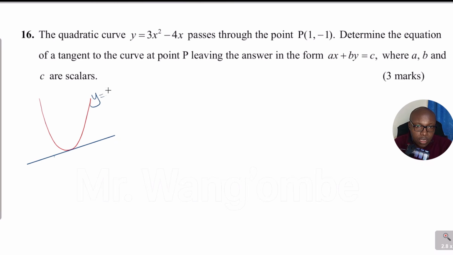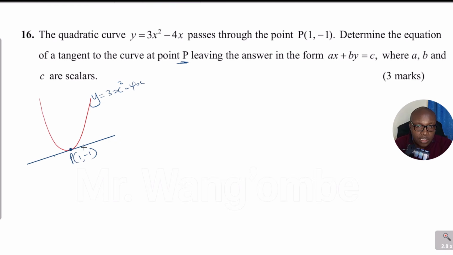So that is the curve 3x squared subtract 4x, just a sketch, and this tangent passes through the curve at this point P, which is (1, -1). So you're supposed to determine the equation of the tangent.